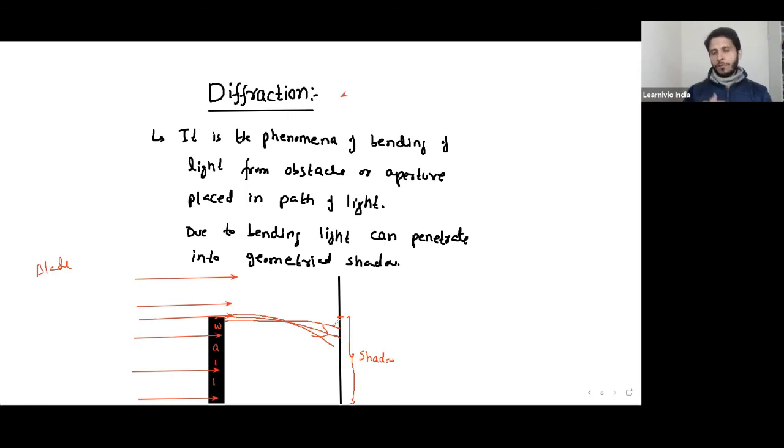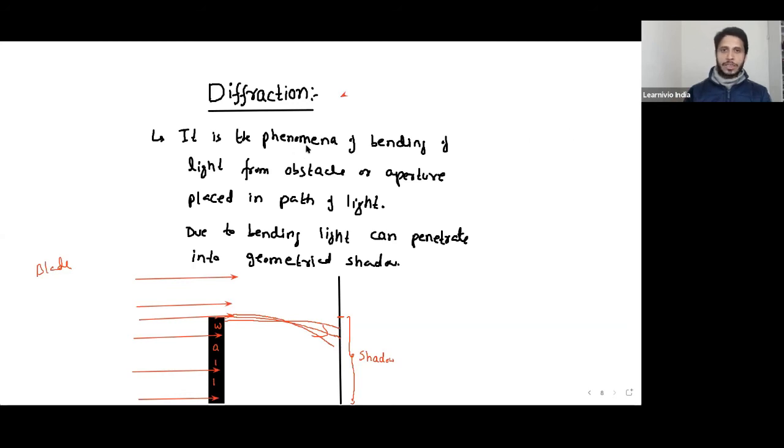There are plenty of differences between diffraction and interference, but the common thing is, even in interference, light waves were superimposing. In diffraction too, light waves are superimposing. But the conditions were different. In interference, light waves from two coherent sources were superimposing. But in diffraction, there is one source. The light waves are bending and they are superimposing with each other. So that is diffraction.